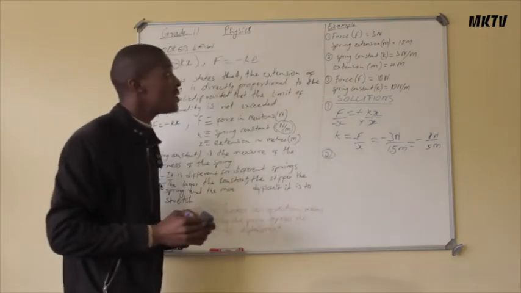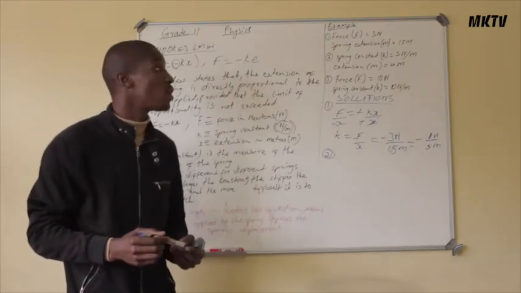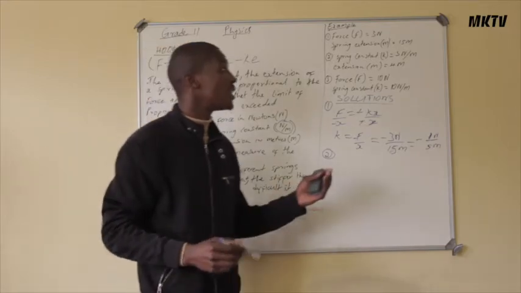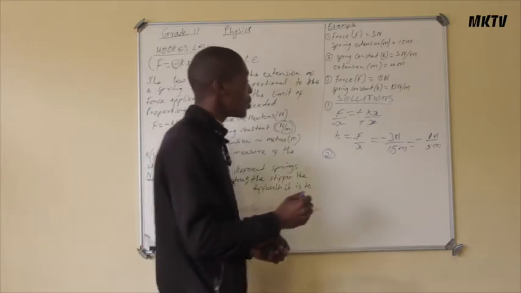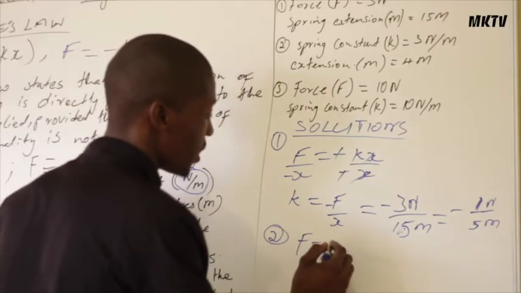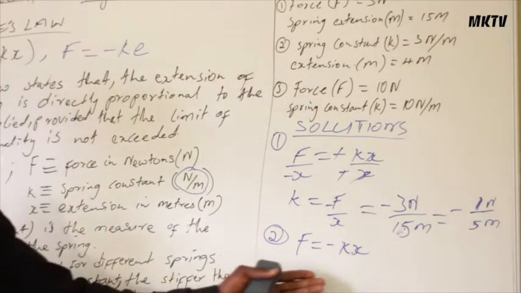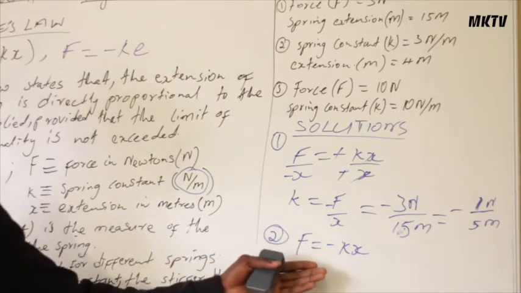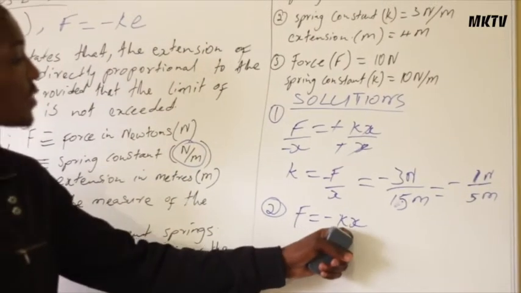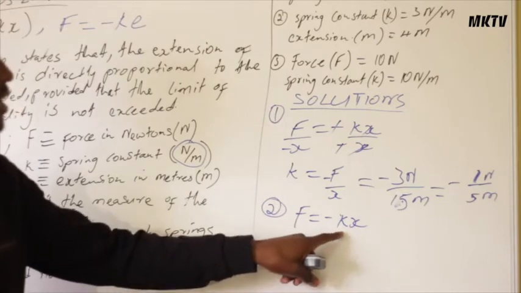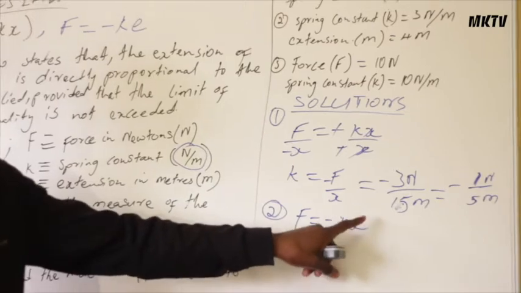This time around we are given the spring constant and the extension. So this time around we have to calculate the force needed to stretch that spring. So let's go. We first put our equation right here. You would be aware that this time around we have the force equals negative kx, where k is the spring constant and the extension is in meters.